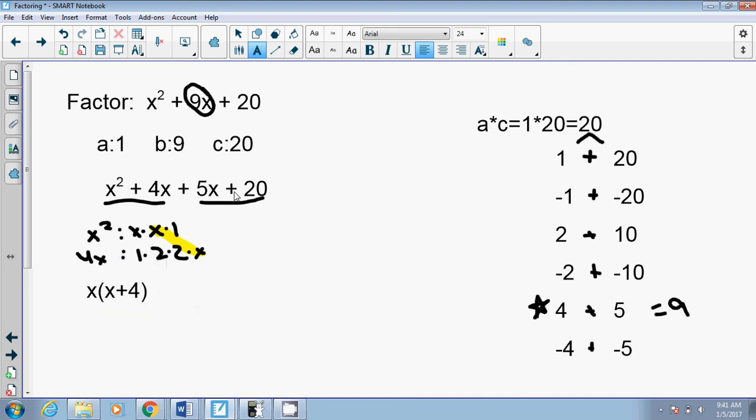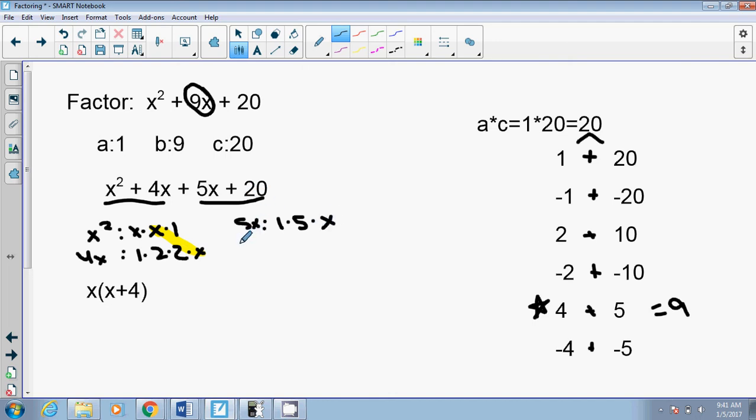All right, now we go to the second part. We're looking for the GCF here. So 5x and 20. Again, if you can see the GCF, you can skip this part, feel free to skip it. This is a method that I use to make sure I have the greatest common factor, though. The prime factorization for 5x: 1 times 5 times x.